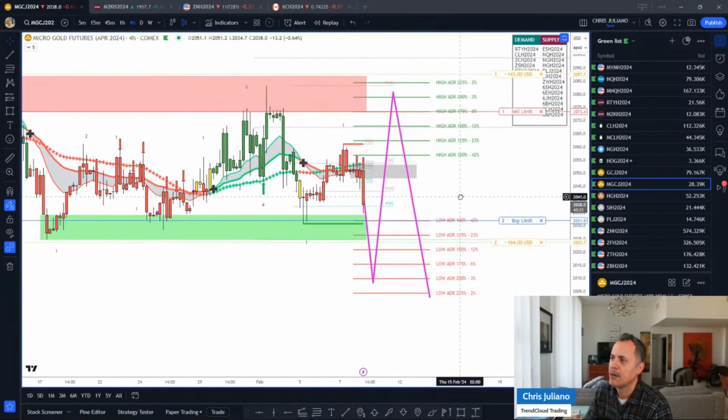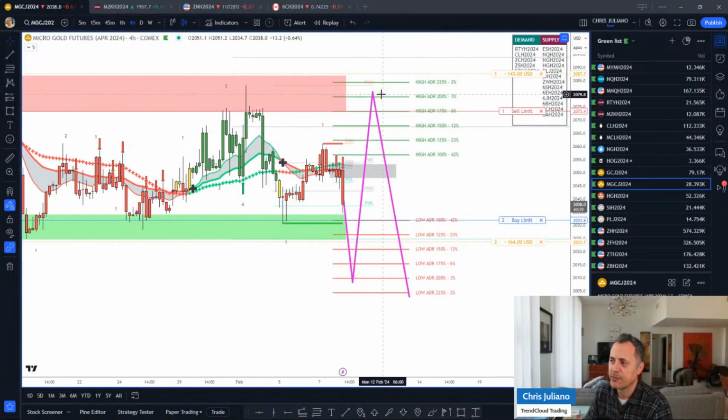Now, again, with this situation, just like on that Australian dollar that we learned, this is the better move to get in on if we break to the downside. We break to the downside on gold and it rips all the way back up to here. We break through this supply zone and it starts moving back up to here. Don't be thinking long.